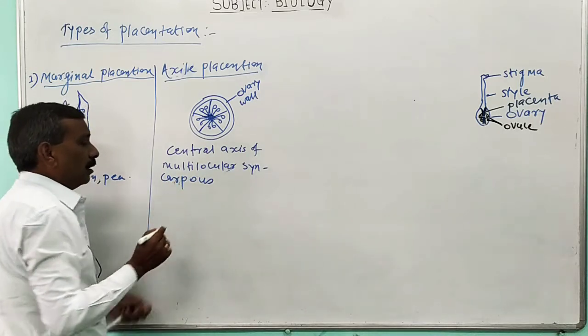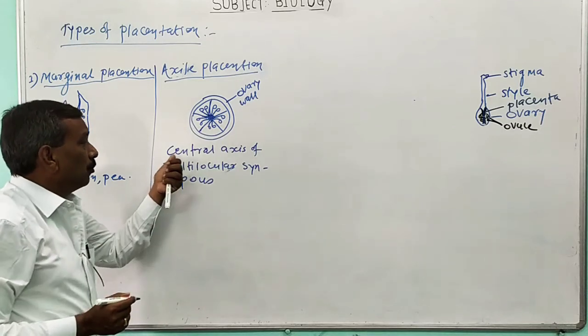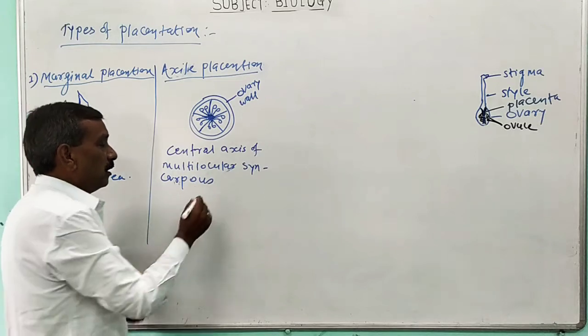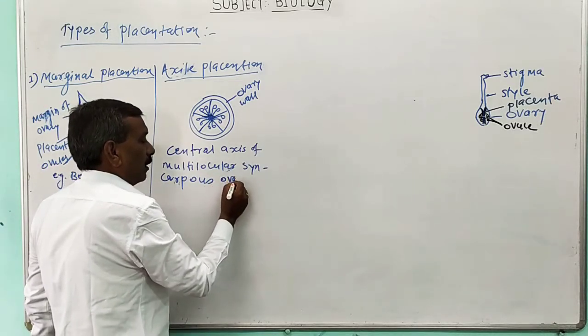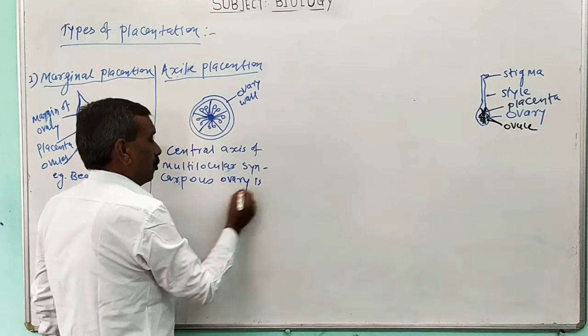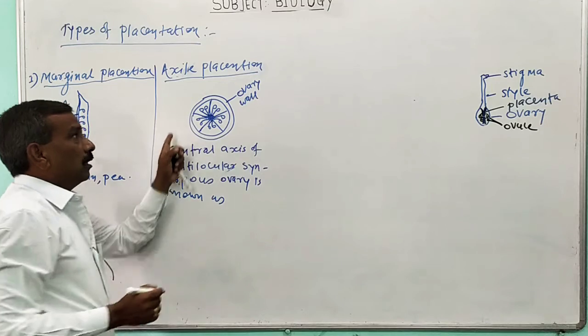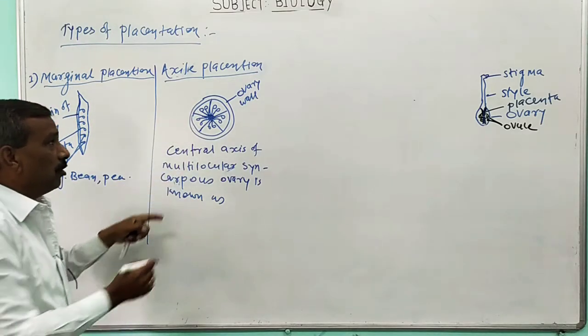Carpels of the gynoecium fused together are known as syncarpous. When ovule develops from the central axis of a multilocular syncarpous gynoecium, or you may call it the ovary, it is known as axial placentation.